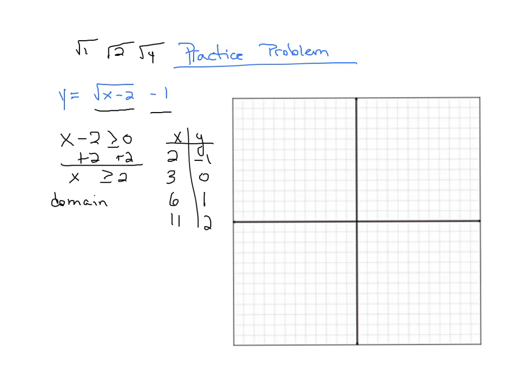That's the next perfect square. So what would make this thing underneath the radical 16? That would be 18. So you can see how you can sort of think about what it would be to get to where you want to go. Square root of 18 minus 2 is square root of 16. That's 4. 4 minus 1 is 3. So now I've got plenty of points. Let's graph these and see what happens.